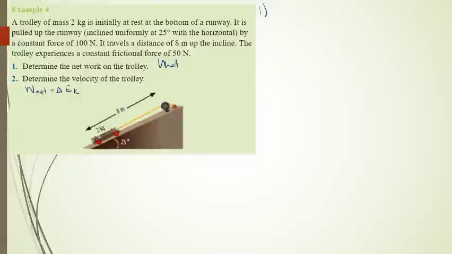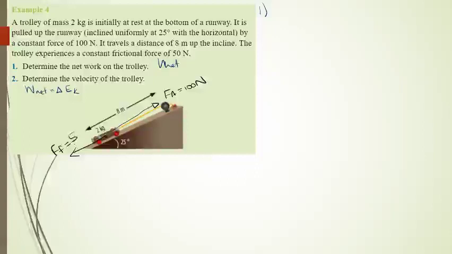We have a force that is pulling this trolley up the incline. So we call it our applied force, and they tell us it's 100 newtons. They also tell us that we're experiencing a resistance to going up the incline, which is, sorry, not 30 newtons, in this instance it's 50 newtons.